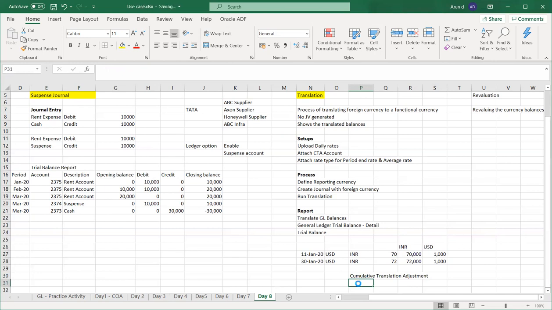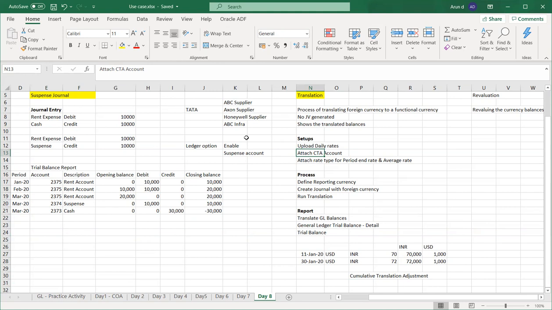This is the account that will store the difference from currency fluctuations in a particular period, either positive or negative. It will be stored under one account called cumulative translation adjustment, which we are attaching to the ledger.